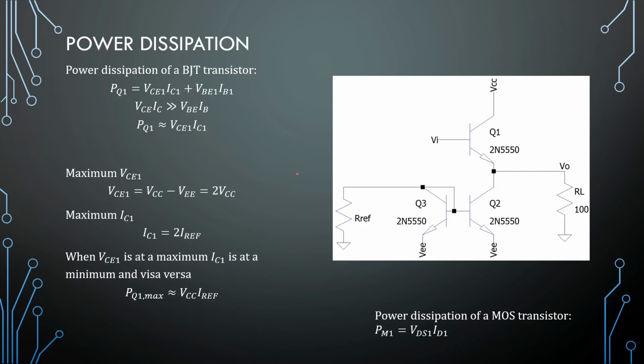Right. The power dissipation of a BJT. This is VCE and we have IC flowing. That is power contributor number 1. Power contributor number 2 is our VBE and the base current flowing. Now typically VCE times IC is much greater than whatever we have down here.